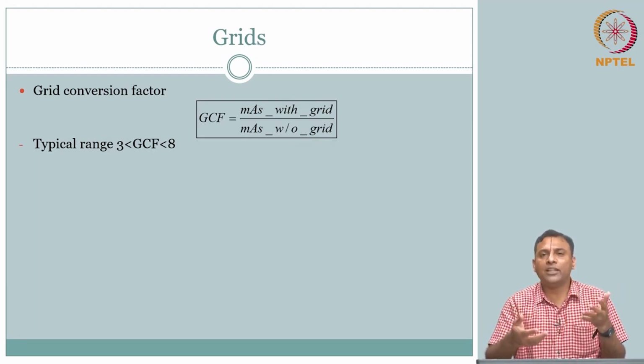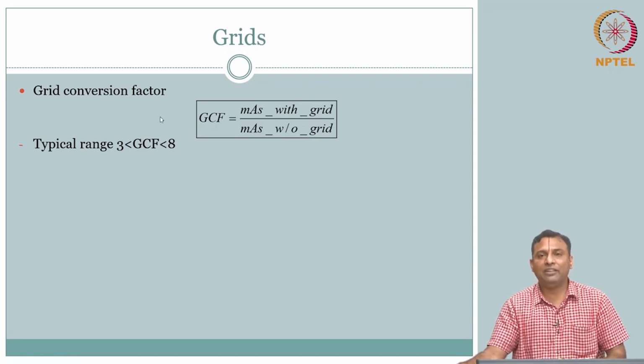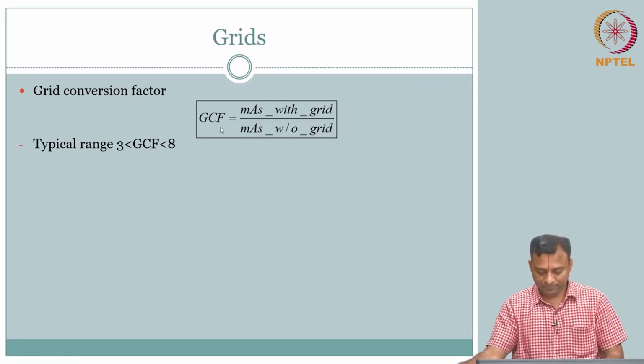So these kinds of domain specific, application specific, experience based empirical rules of thumb have evolved, on whether to use the grid or not, because of this grid conversion factor. Either you don't want to increase the exposure unnecessarily if you are not going to gain much in the signal to noise ratio, or the reduction in the noise due to the introduction of the grid. Okay.